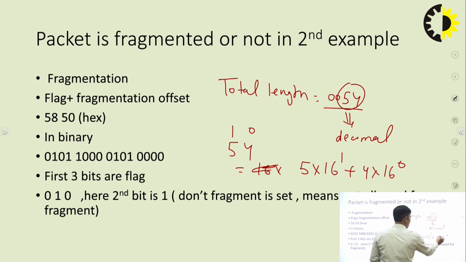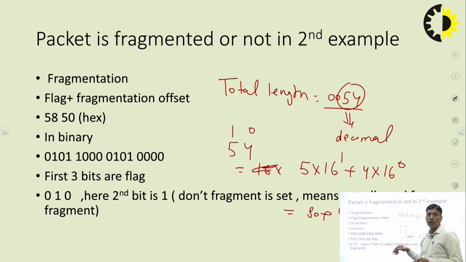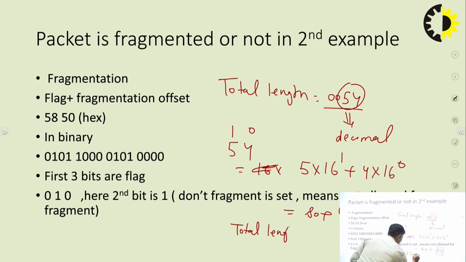This is the process to convert any hexadecimal into decimal. This will be 80 plus 4, so this is 84 in decimal. This 0054 gives 84 in decimal. That means the total length of the datagram is 84 bytes.